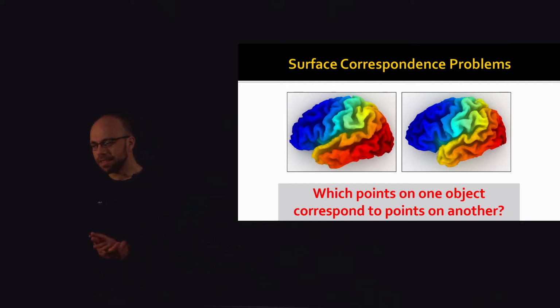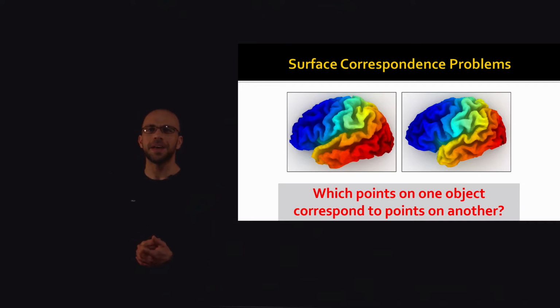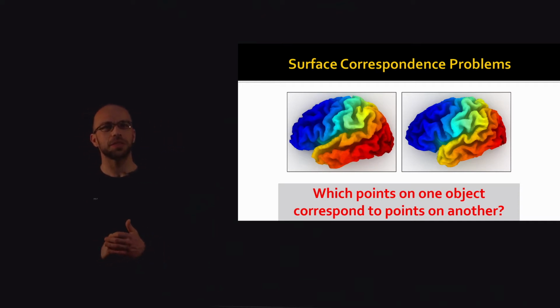And this is one of these really interesting problems where these are two different brain surfaces. We don't expect there to be a perfect map that somehow has a ground truth here, right? Like there's no, I don't know, God-given ideal mapping from one brain into another that is unambiguously better than any other option. But it is clear that there are some maps that are better than others, right?